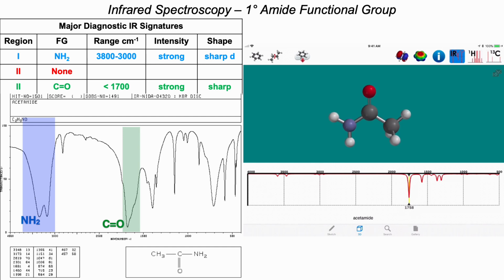So again, keep in mind the simulation does show it at 1758. But in reality, it's almost always below 1700. So again, the simulation is not accounting for factors such as resonance.